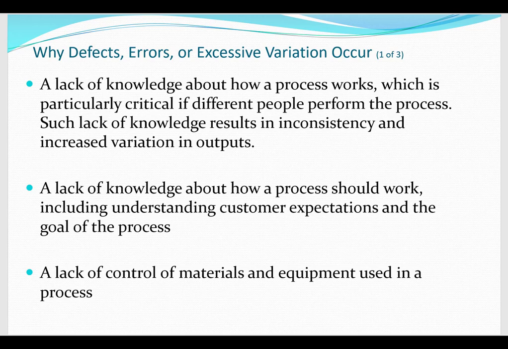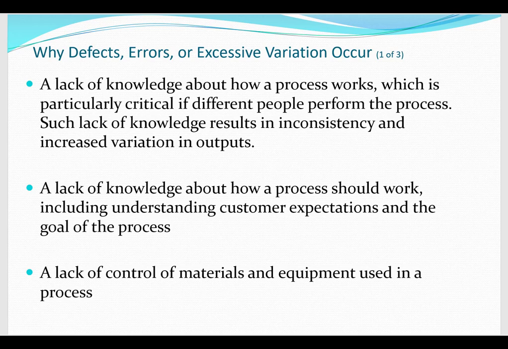It's important to know why defects, errors or excessive variation occur. Generally, it's because of a lack of knowledge about how a process works. It could be a lack of knowledge about how the process should work. If we don't know where we should be, it's going to be difficult to get there.